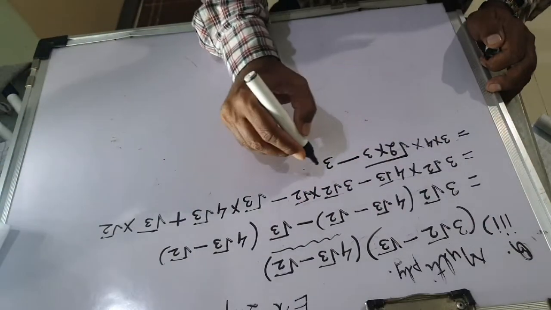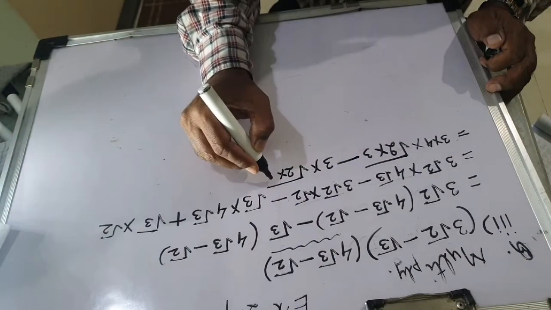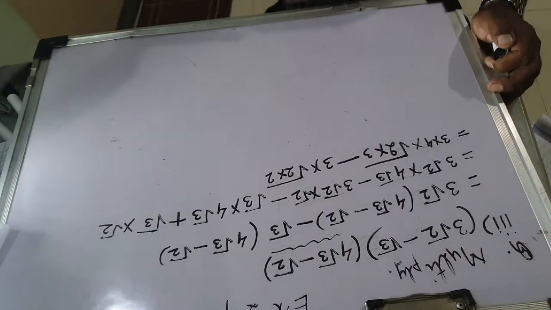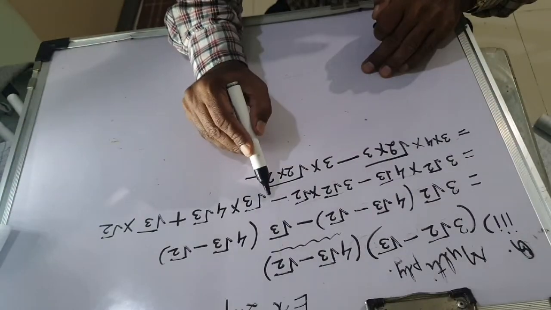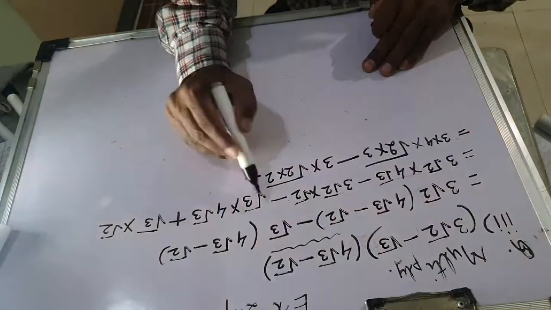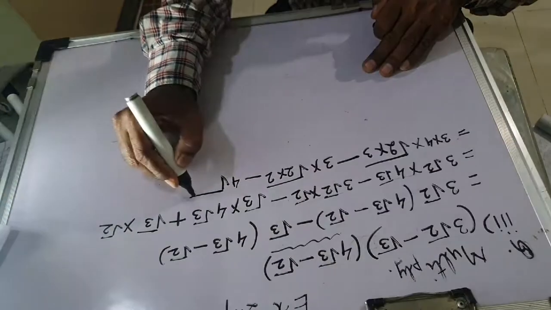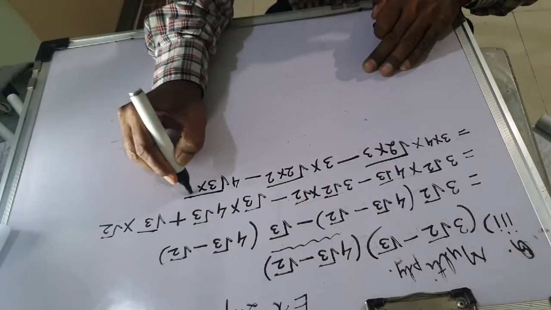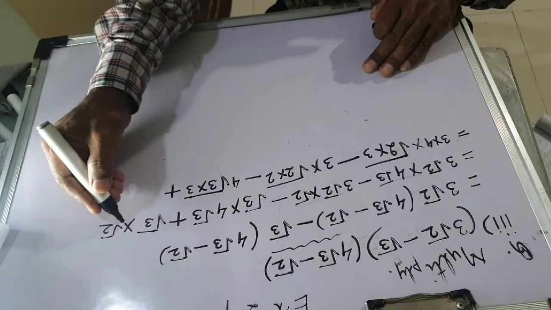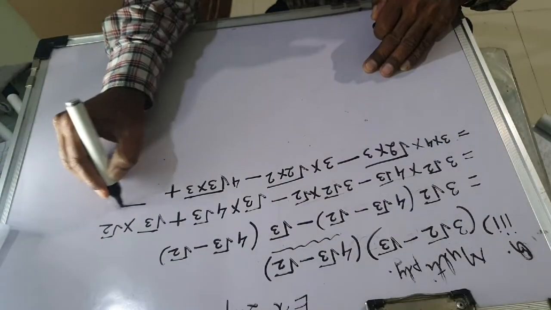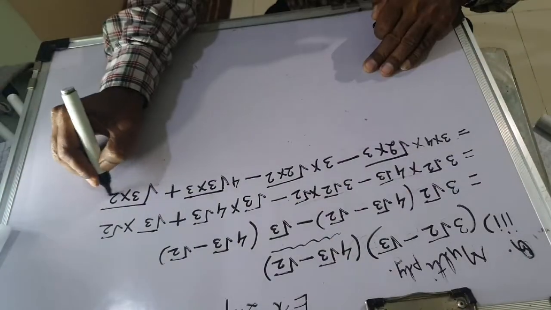So 3 into this will be root 2 into root 2, meaning in the single radical sign 2 into 2, minus. Now here it is 1 and here it is 4. 4 ones are 4, and this will be in the single radical sign 3 into 3, plus. Now there is nothing outside, it is 1, here it is 1, 1 ones are 1, so no need to write that, and the single radical sign 3 into 2.